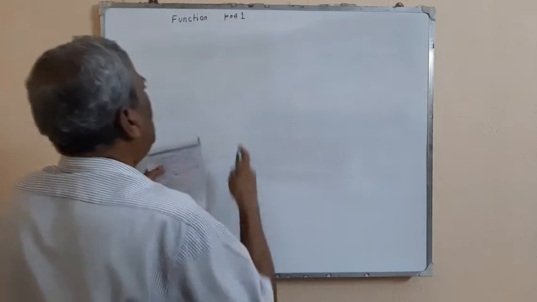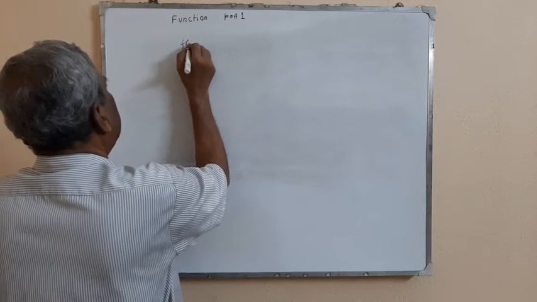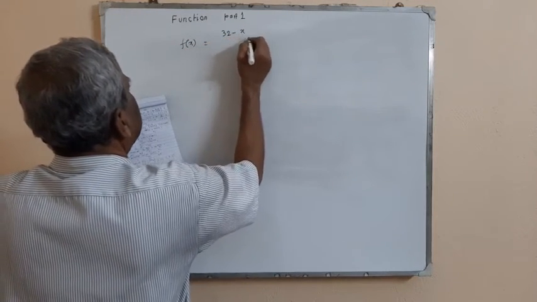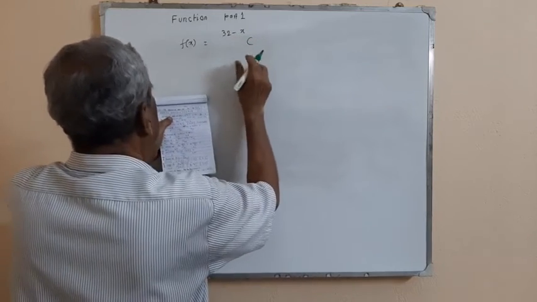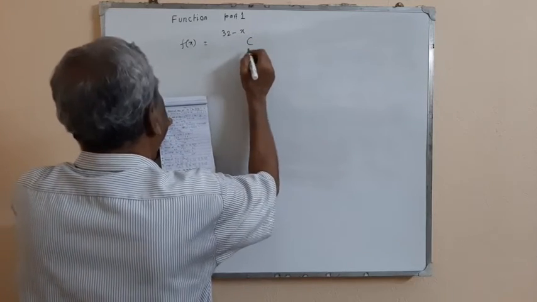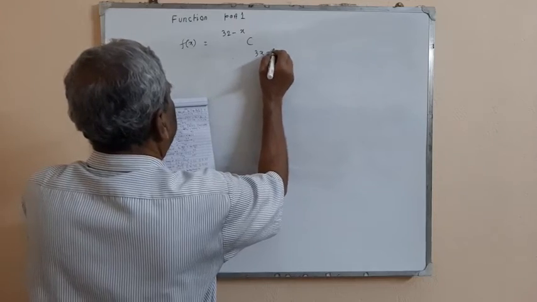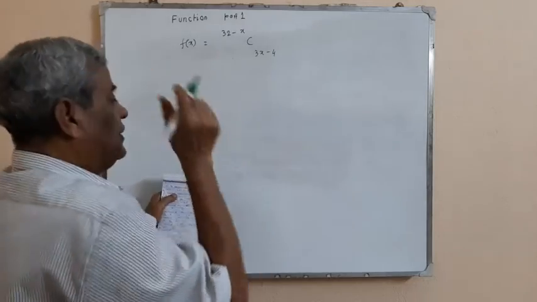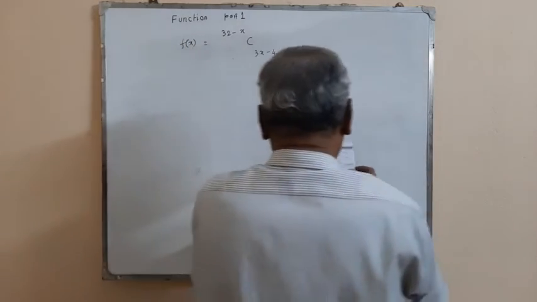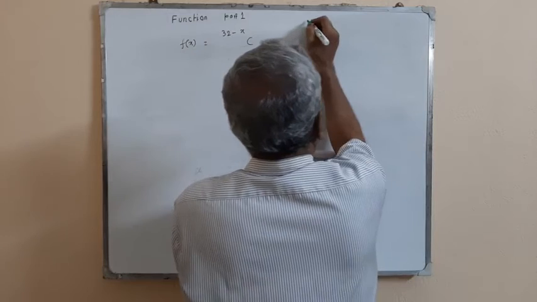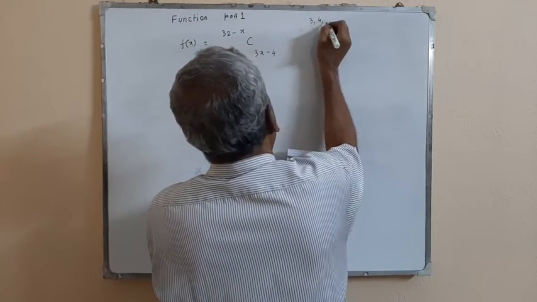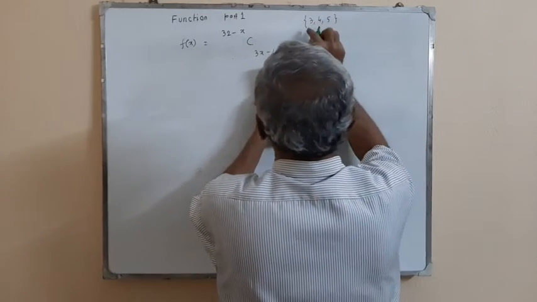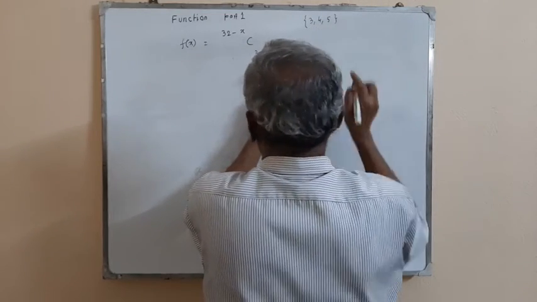Domain of definition of the function f(x) = 32 minus x C 3x minus 4. C stands for combination. The options: first option is {3, 4, 5}, within second bracket means that set.